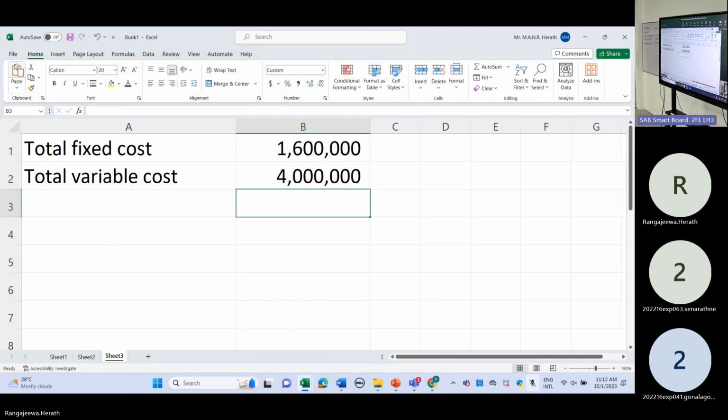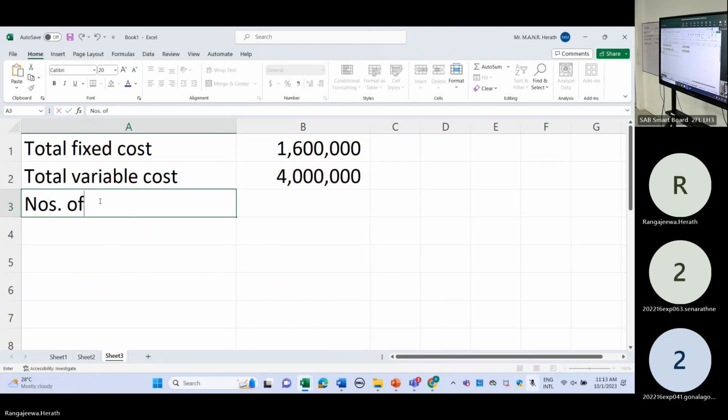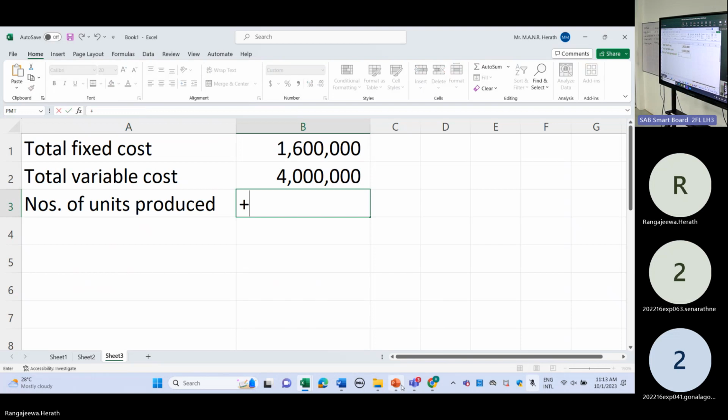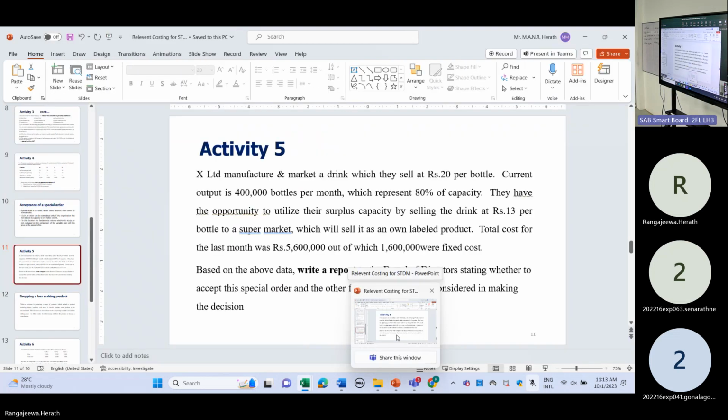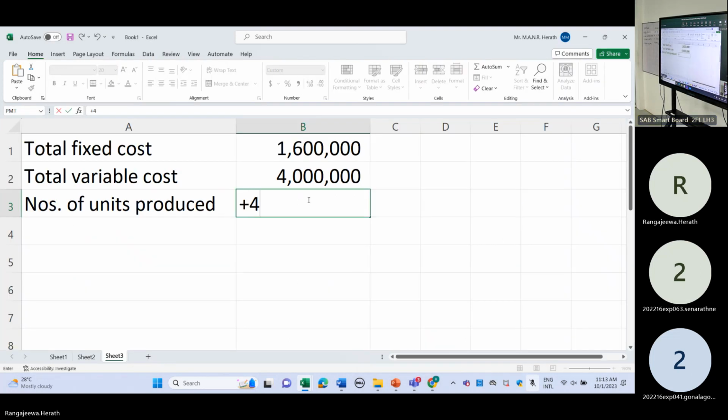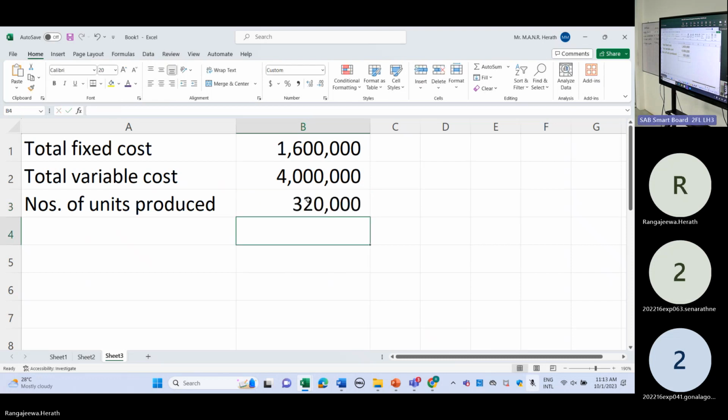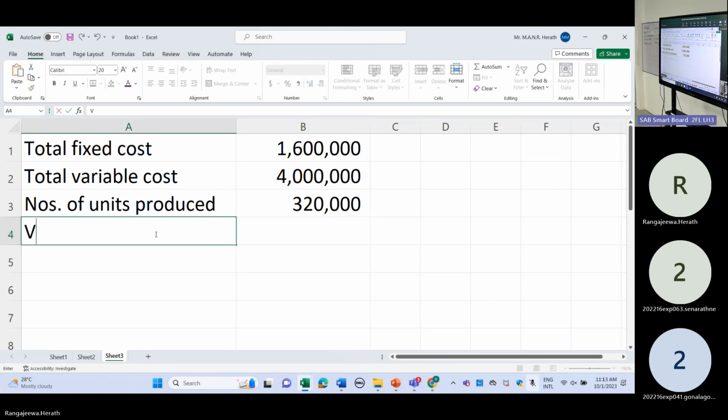What is the number of units? The 80% of the full capacity is used. The full capacity 400,000 bottle, 80% produced. 400,000 into 80%, 320,000 bottles produced. That means variable cost per unit.